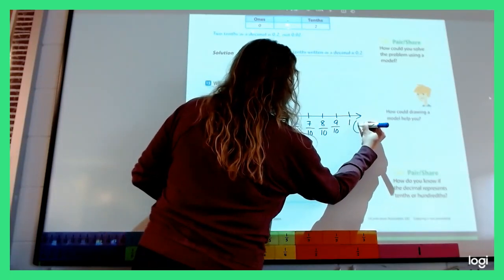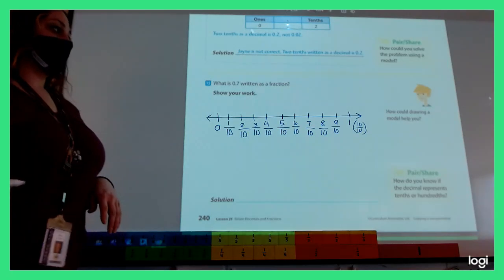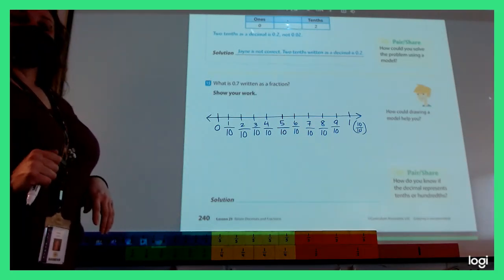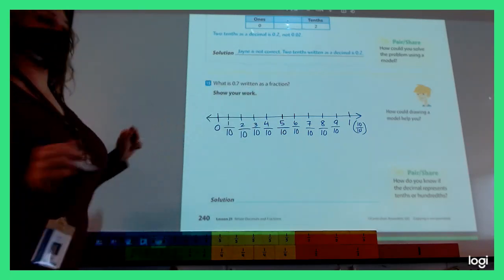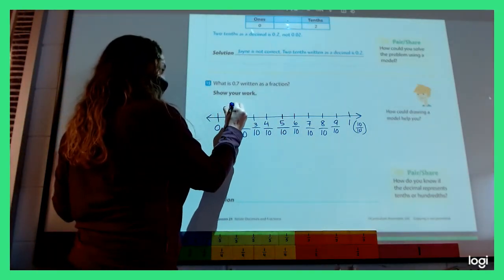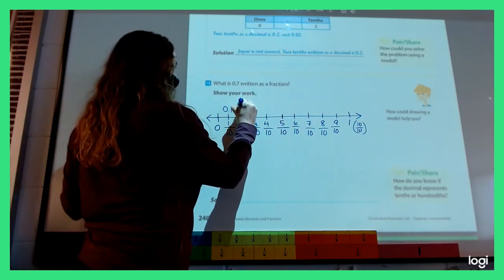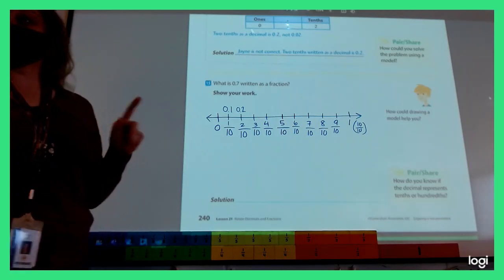And for 1, I am going to put 10/10 because we know that that means the same thing. So once you've got your fractions on the bottom, you can put your decimals on the top. So I know that 1/10 as a decimal is 0.1, and then so on. And if you're like me, sometimes you run out of space. Here's a tip.